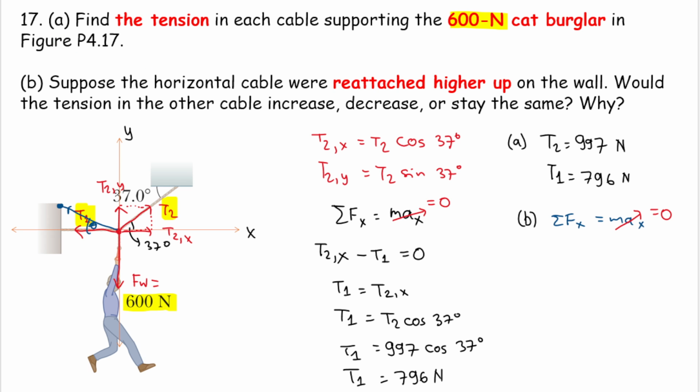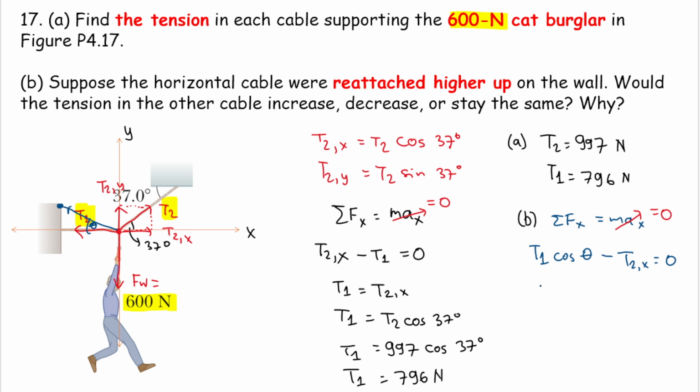For T1, I will have T1 multiplied by cosine of theta, and then minus T2,x, and that will equal 0.